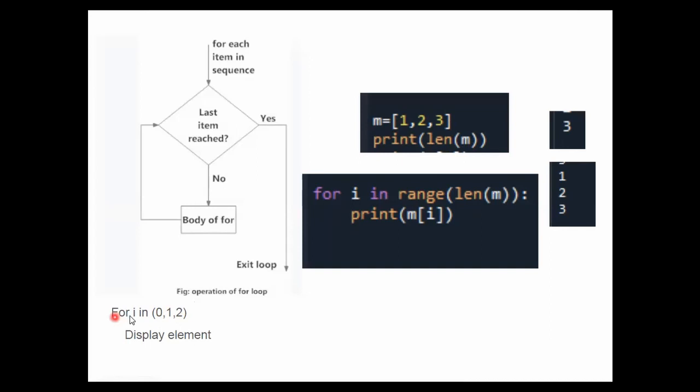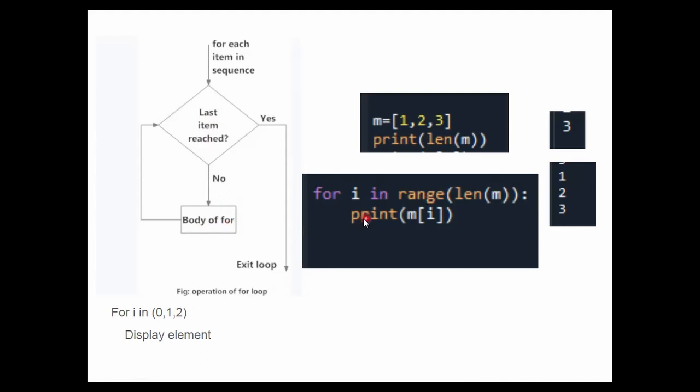For the first iteration, the i value will be 0. For each value of i, it is going to check whether the last item is reached. What was the last item for the range function? For the range function, the last item is 3. So it will check whether the value 3 is reached or not. No, it is now value 0, so the last item is not reached, and it will go into the body of the for loop.